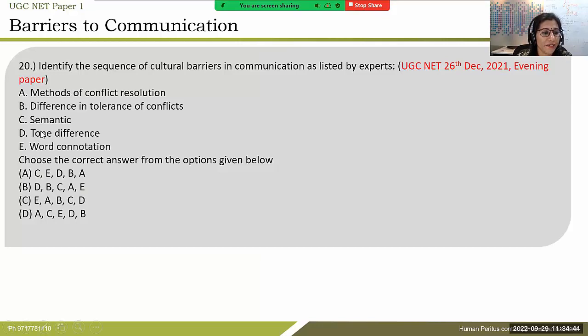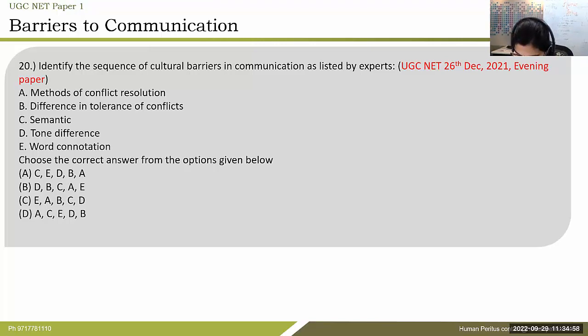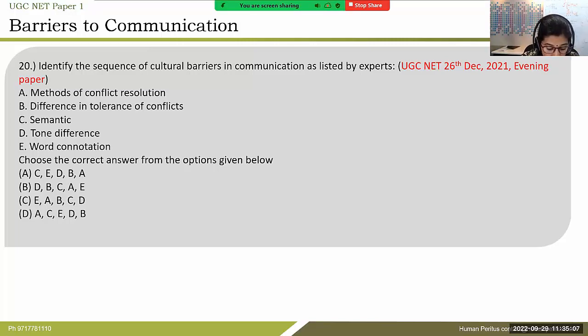All right. Identify the sequence of cultural barriers in communication as listed by experts. Now the sequence of cultural barriers has been asked. In the previous question, the normal sequence of communication barriers was asked. So here, let us mark the sequence ourselves.